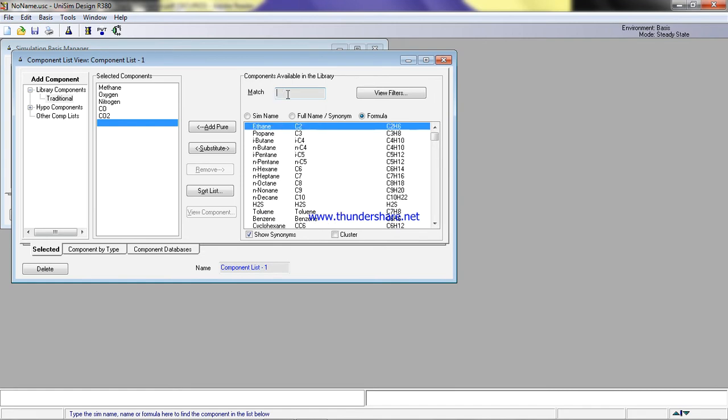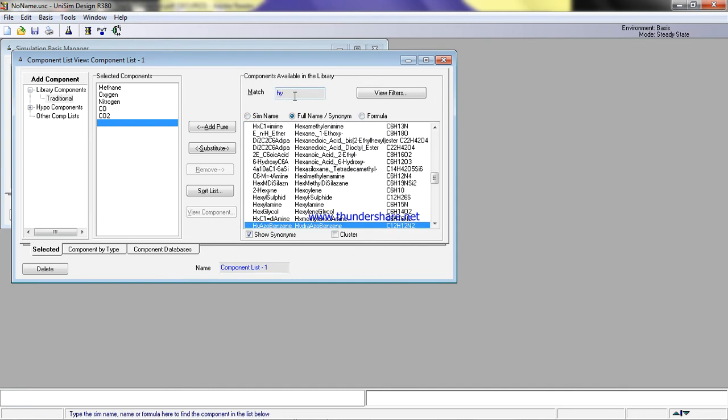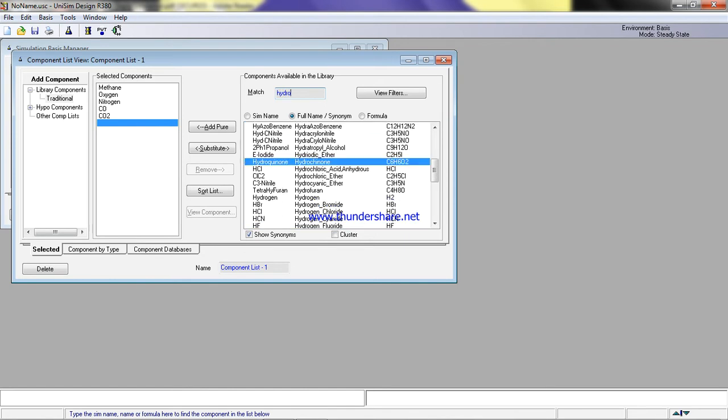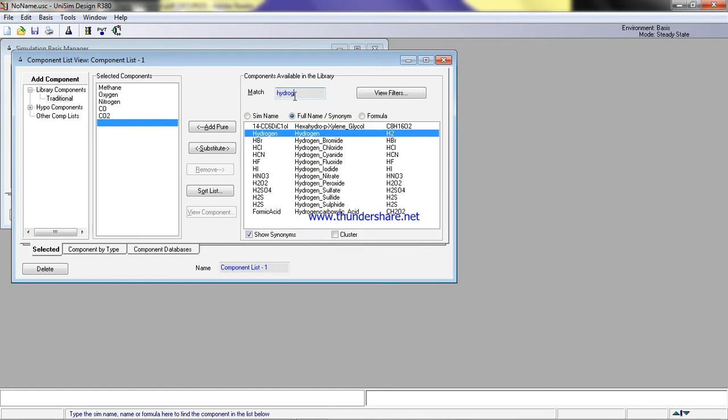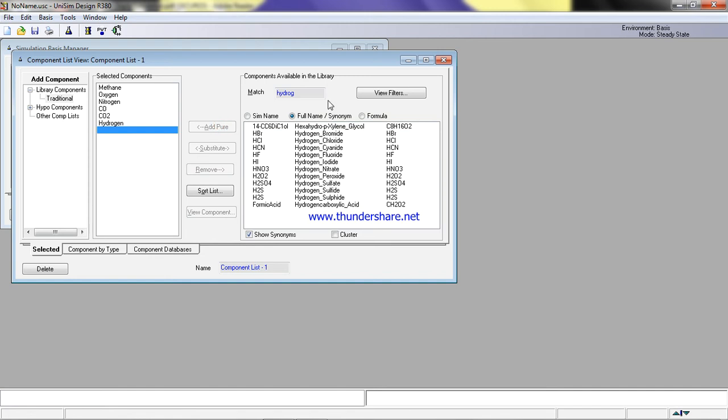That doesn't seem to work, so we use the simulation name or full name, hydrogen, we add. Okay, so we have that there as a component. So we've listed all the components that you would want.